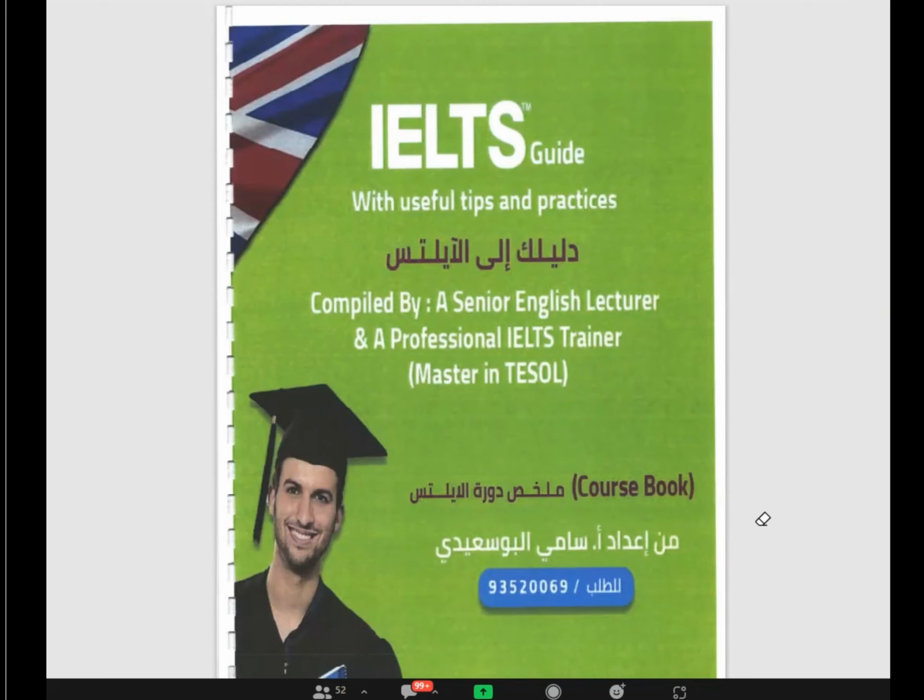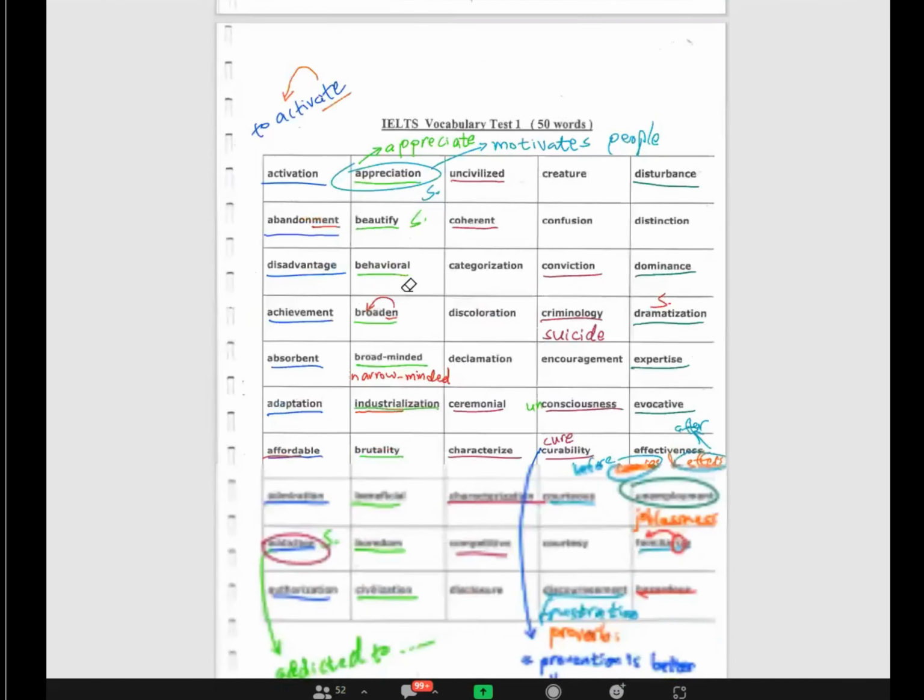Just before I forget, the next spelling will be for list number 2. Which page is it? Page 15. Page 15 is list number 2.